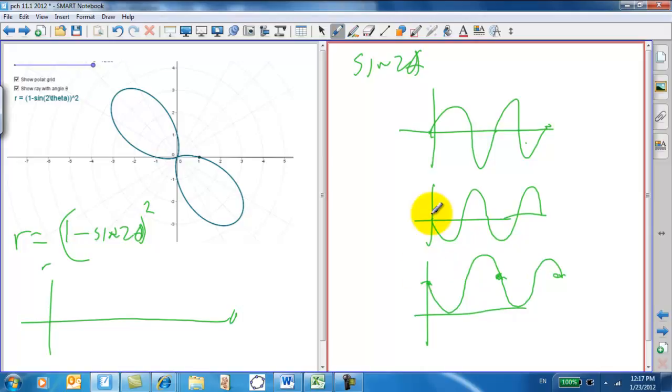Now when you square it, this 0 will stay here. So when you do your final step of squaring it, these stay at 0. This 1 will stay at 1, won't it? I'm sorry, that's 2. That'll jump up to 4. That's where we get up to 4 here. These ones will stay at 1, because 1 squared is 1. So your graph stretches out a little bit.